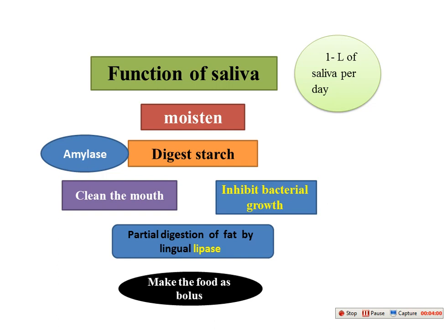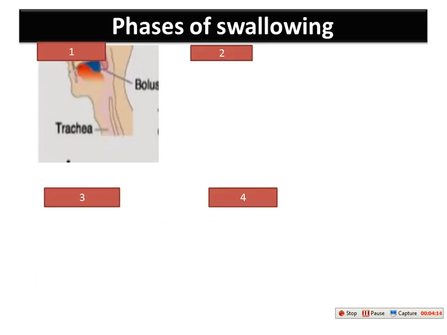And in the mouth, the ingested food changes into a bolus. When the food is ground, that means it is cut into small parts and mixed with the saliva, so it changes to a bolus. And this bolus must go to the second part of the digestive system, which is the pharynx.